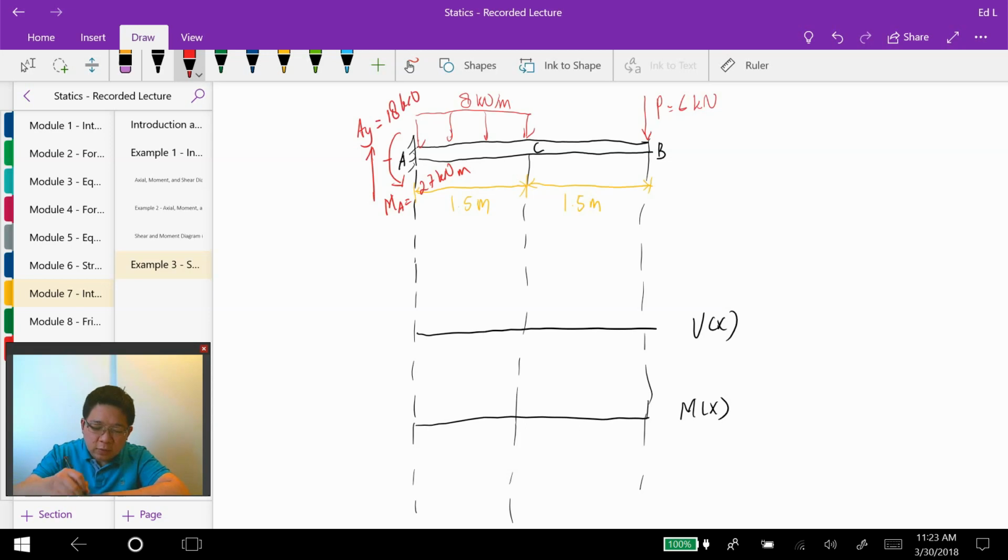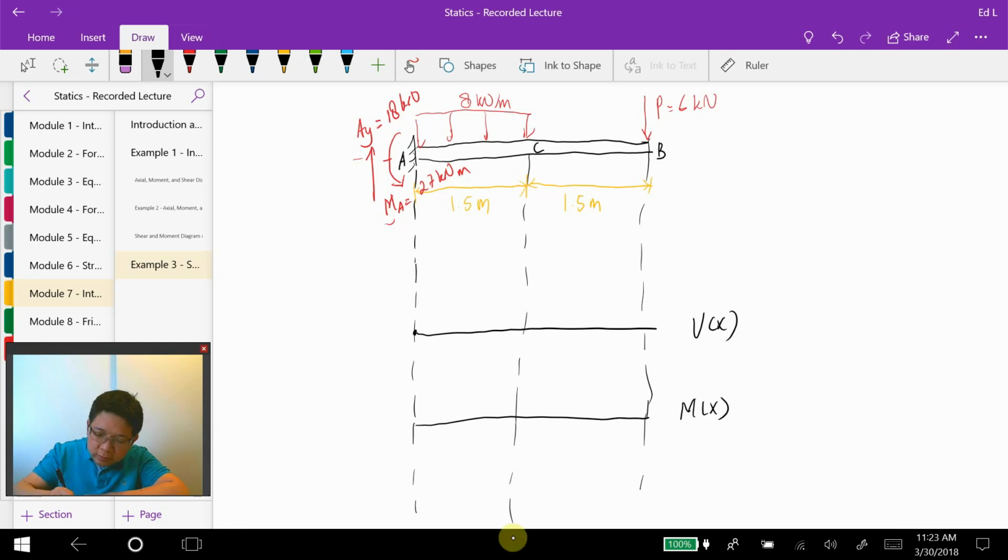And there's no AX because there's no force in the horizontal direction. So with this information, by knowing the reactions at the supports and the applied forces on the beam, we can start applying the rules that we have derived in the previous lectures.